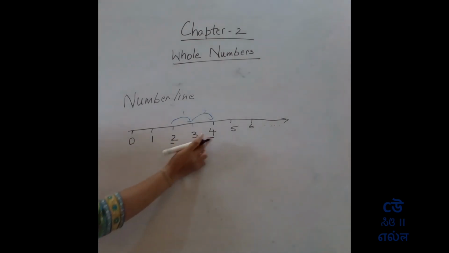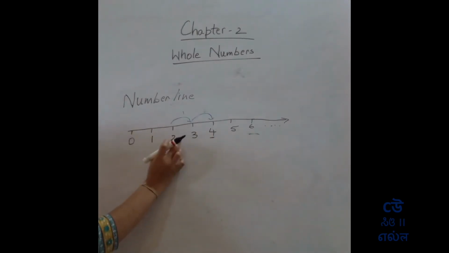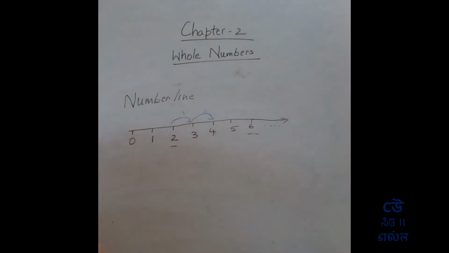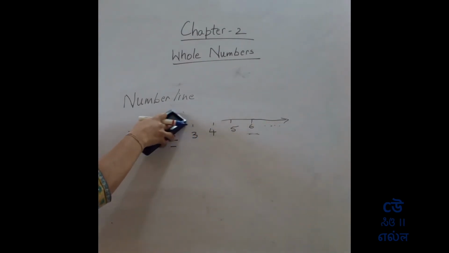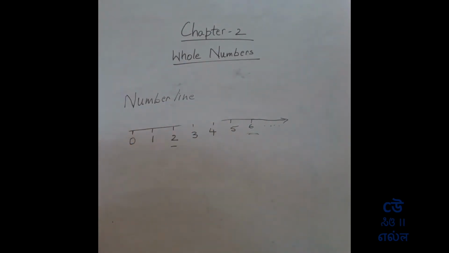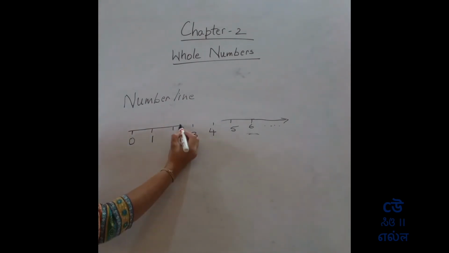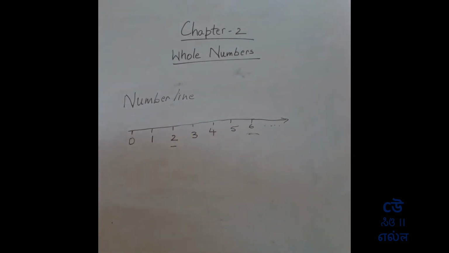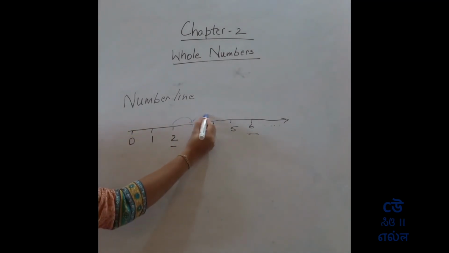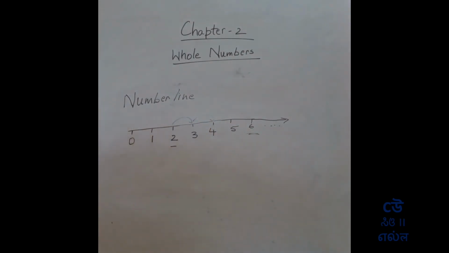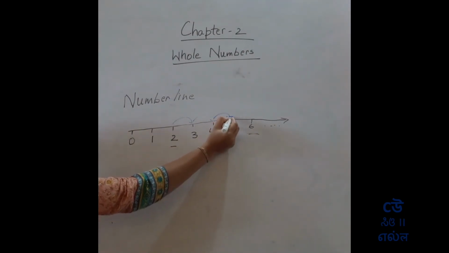Next, can you find the distance between 2 and 6? Like that only. First it should go from 2 to 3, next from 3 to 4, then 4 to 5, and 5 to 6.